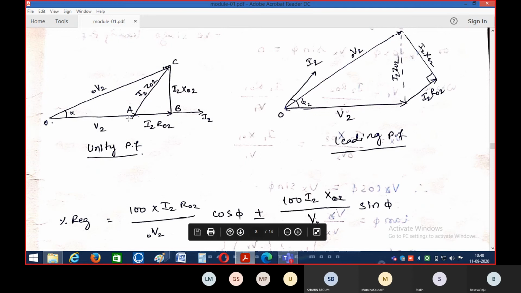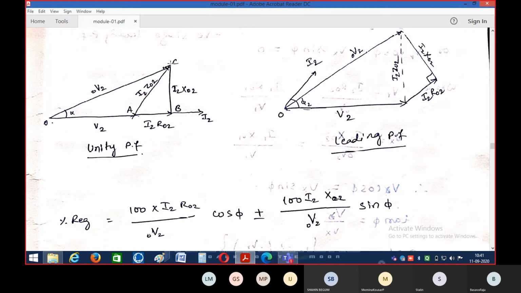And similarly for the unity power factor, how will we get it? This is V2. Okay. Since in the case of unity power factor, voltage and current are going to be in phase, this represents V2, and in phase with this we will have the current also. So the I2 R02 drop is going to be in phase with the current. In the same direction as the vector V2 we will get the I2 R02 drop, and exactly 90 degrees to this we represent I2 X02.